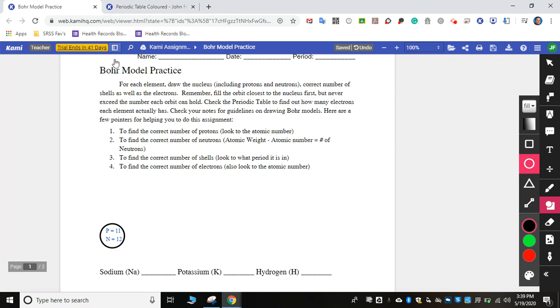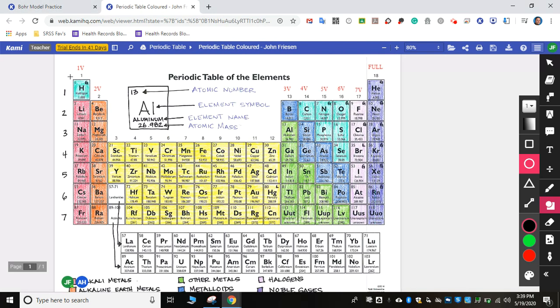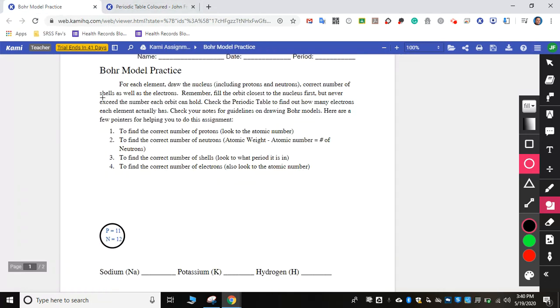Now, to find the number of shells, well, sodium is in which period? 1, 2, 3. It's in the third period. Remember, the periods run horizontally, back and forth. So it's in the third period. That means there should be three shells.